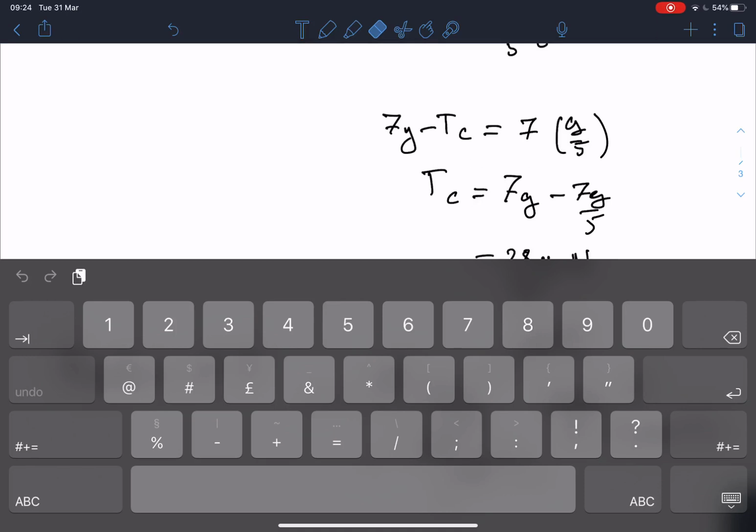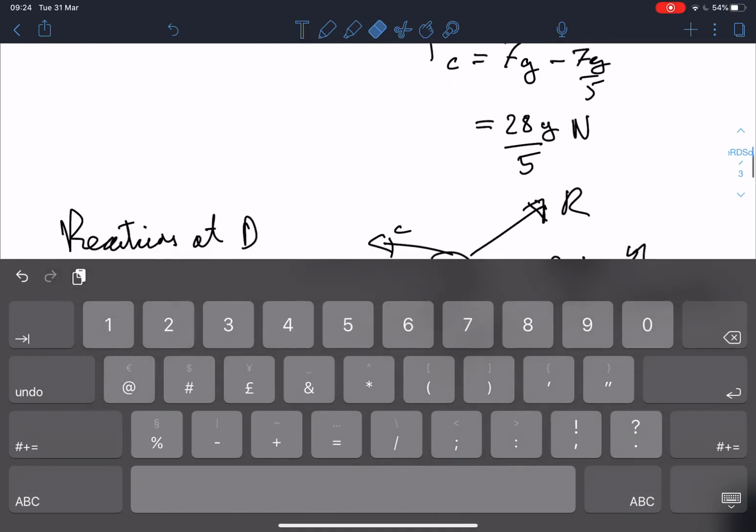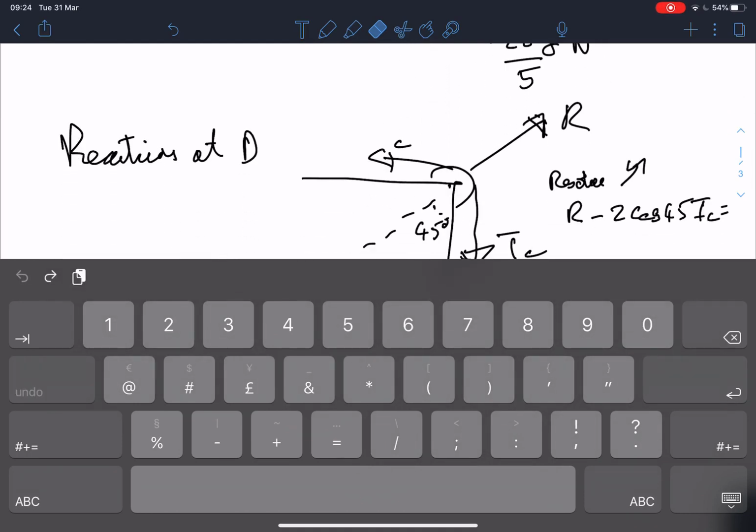So the reaction at D, and probably best just to do the direction using a diagram, that's going to split the angle in half. So we've got TC acting here and here.